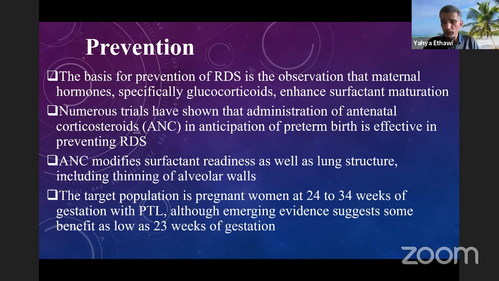There is evidence that it might benefit 23 weeks, but most 23-weekers don't have lamellar bodies and are not synthesizing surfactant. Because remember, steroid modifies surfactant, upregulates surfactant, but it does not synthesize surfactant. So if there is no surfactant, there is no lamellar body, then steroid will not work. Therefore, the 23-weeker is questionable for steroid.